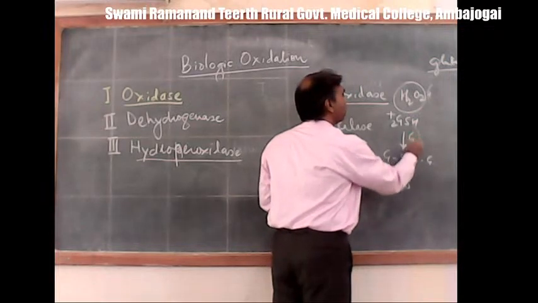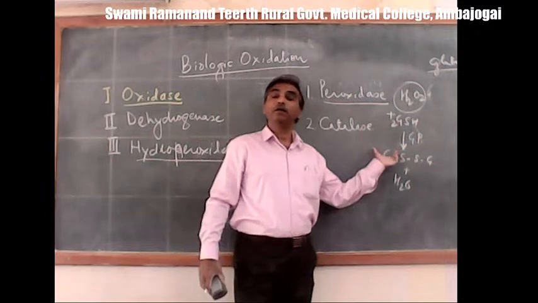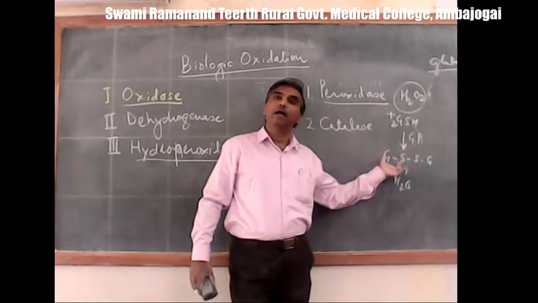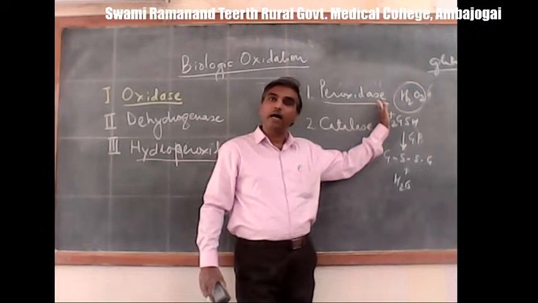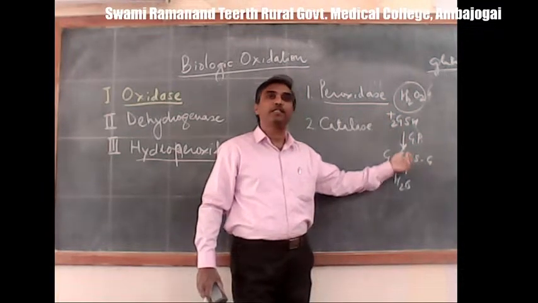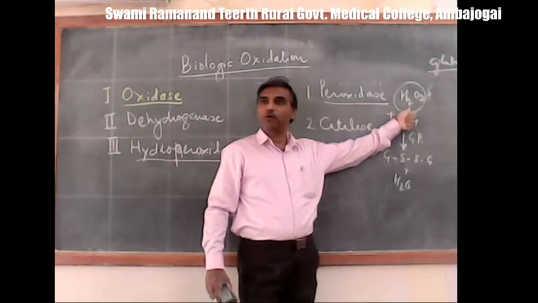Here glutathione peroxidase is the enzyme, and this is important for the RBC. RBC has glutathione peroxidase in it, and it prevents hemolysis or destruction of RBCs due to hydrogen peroxide.